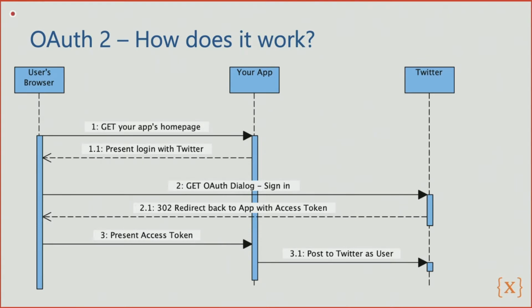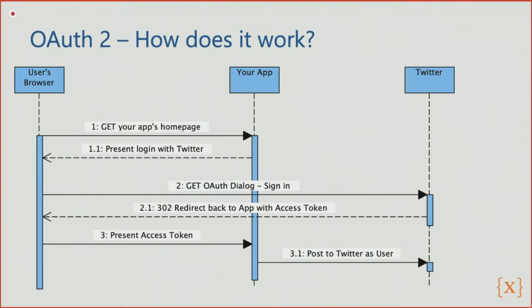So your user's browser, your app, and then Twitter. The sequence starts with your app presenting a homepage, so your user getting that app. You presenting a login with Twitter, which is actually a link to Twitter, and then the user gets the Twitter sign-in page. What's different about 2 and 3 versus the picture I showed earlier is we're signing in with Twitter, right? So at this point, the user's domain is twitter.com in their browser.